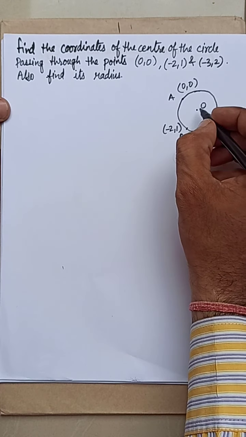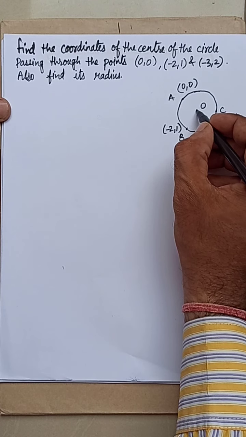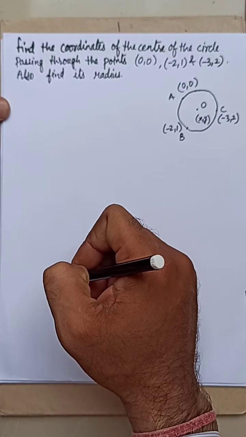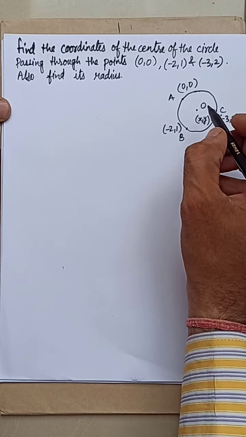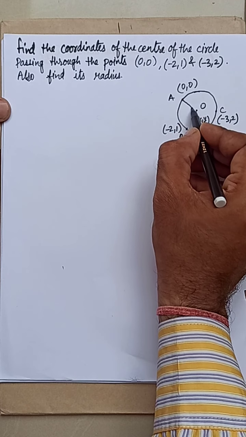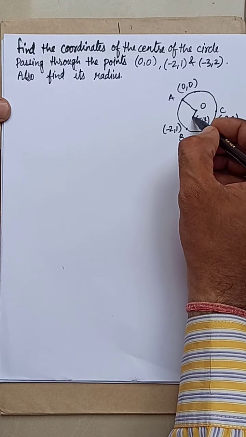These are the coordinates of the points through which the circle is passing, and this is O, that is the center. Here we have to find the coordinates of the center, so let the coordinates of the center be (x, y). As we know, the distance from the center to any point on the circle is called the radius.